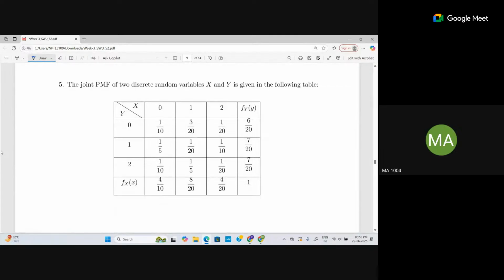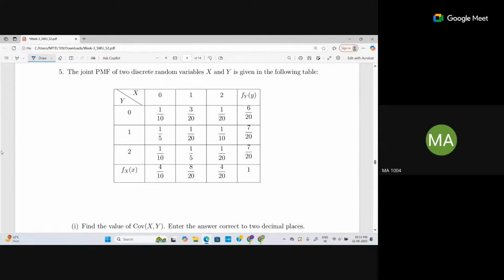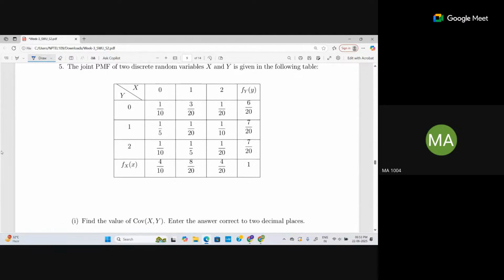Okay, the next question is, the joint PMF of two discrete random variables x and y is given, and we have to find the covariance between x and y.